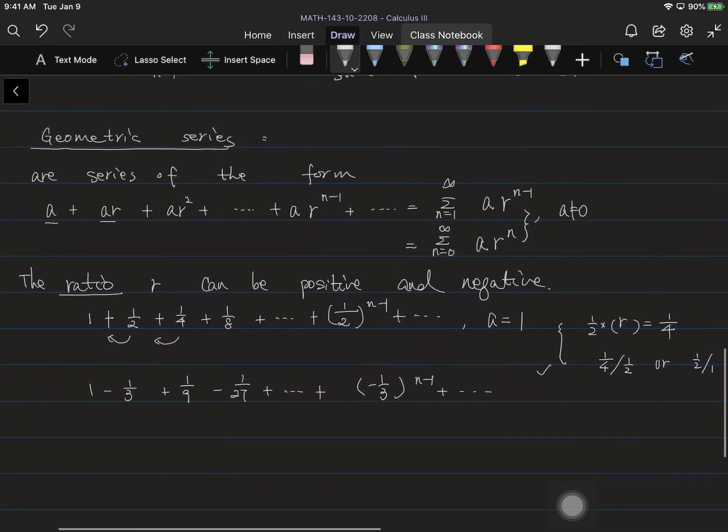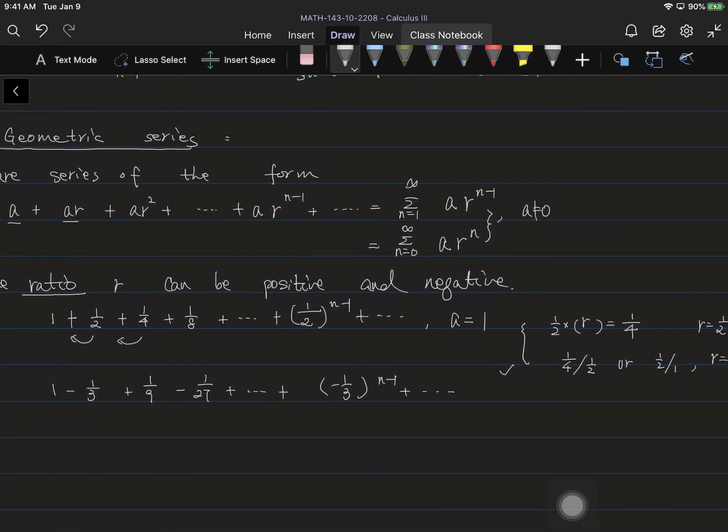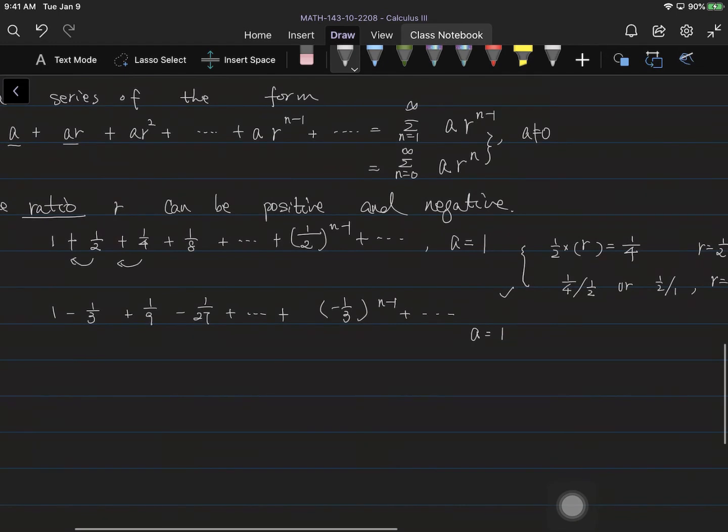For this series, A should be easy to find, which is 1, the first term, right? How about R? I'm going to use the second method. I'm going to just look at the second term divided by the first term, which is -1/3. Or you can use the third term divided by the second term, like 1/9 divided by -1/3. We also get -1/3. Okay, so the ratio is R.